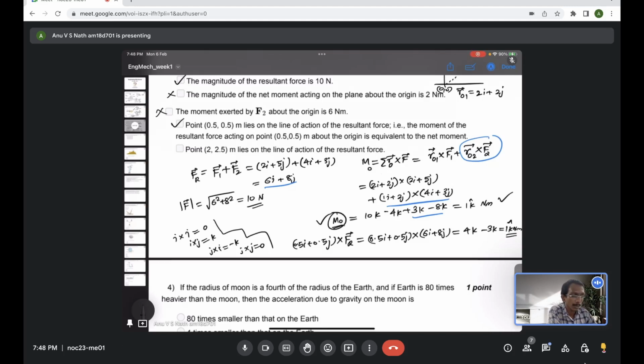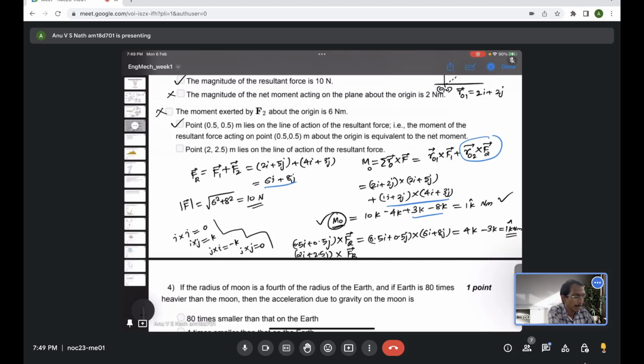Okay, the last option says that another point, 2 comma 2.5, also lies on the line of action of the resultant force. Same claim, now a different point, so we have to repeat the process. 2i plus 2.5j is the position vector.